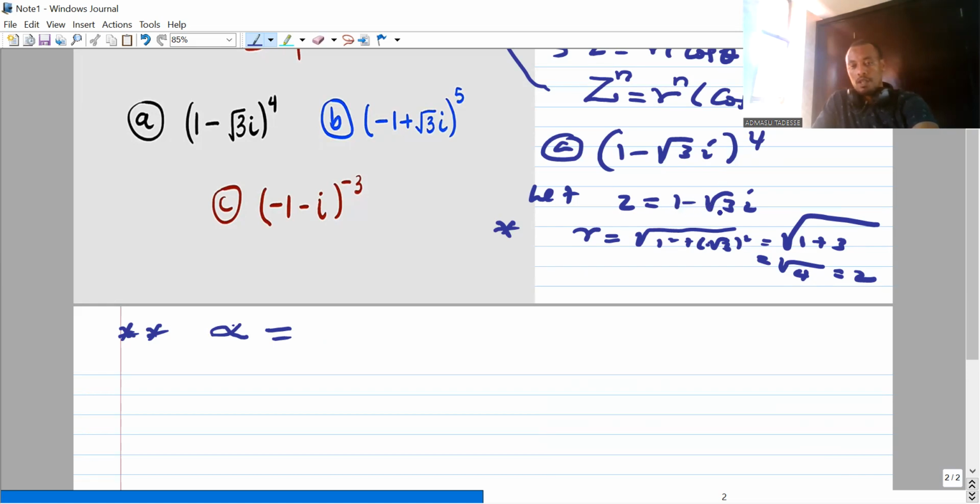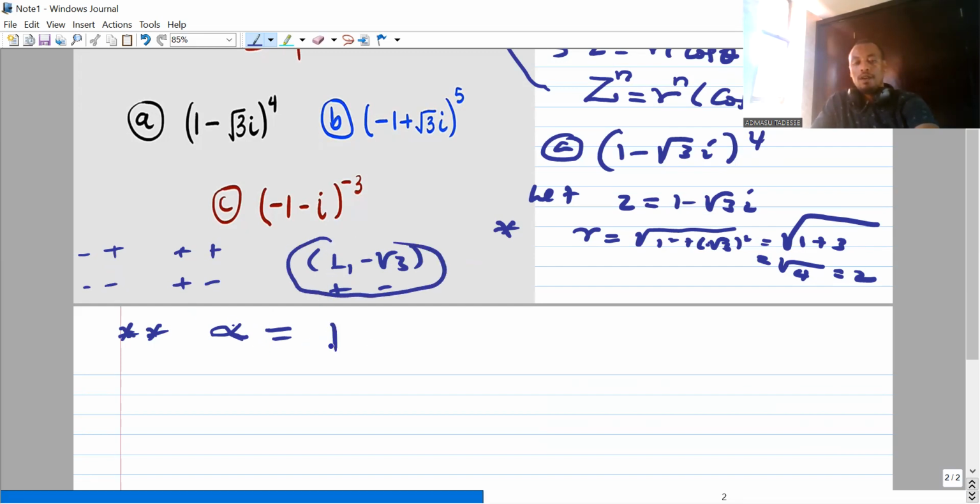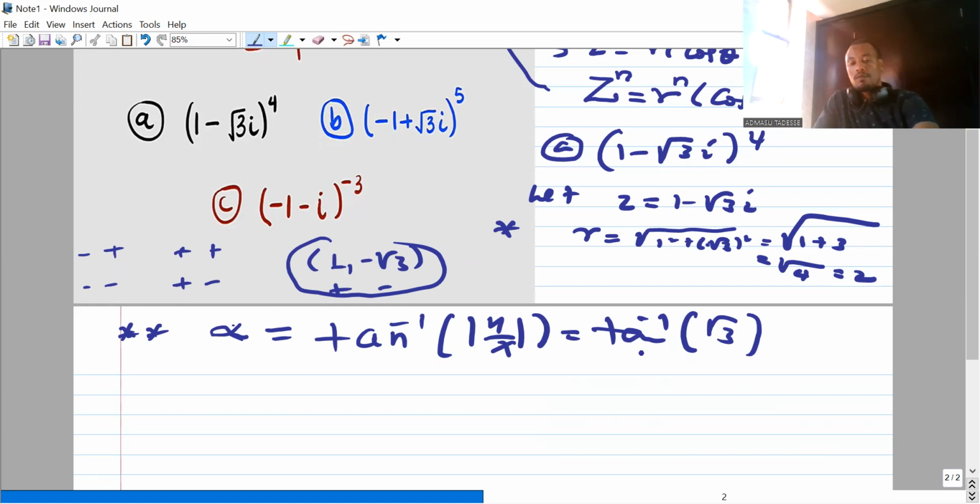The second is ይሄ የሚሆነው የቱ ጋር ነው? Fourth quadrant ነው። 1 negative root 3 የሚኖረን ማለት ነው። ፖዚቲቭ ኔጌቲቭ የሚሆነው። ኦኬ፣ ፈርስት ኳድራንት ፖዚቲቭ፣ ሰከንድ ኳድራንት ኔጌቲቭ ፖዚቲቭ፣ ተርድ ኔጌቲቭ፣ ፎርዝ ፖዚቲቭ ኔጌቲቭ። ስለዚህ ፖዚቲቭ ኔጌቲቭ ነው ያለን፣ ፎርዝ ኳድራንት ነው። ሶ alpha, the acute angle at the fourth quadrant, is equal to tan inverse of the absolute value of y over x, which is given by tan inverse of root 3 ነው የሚሆነው። Okay, root 3.